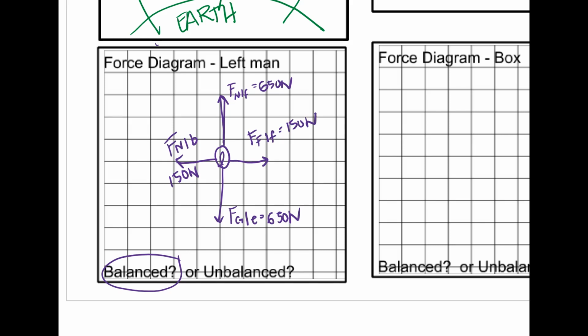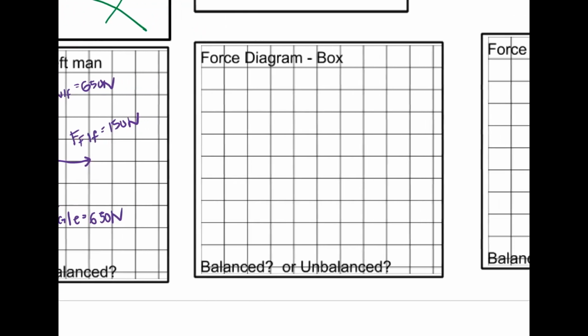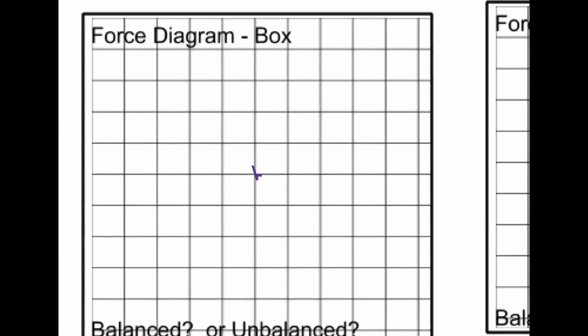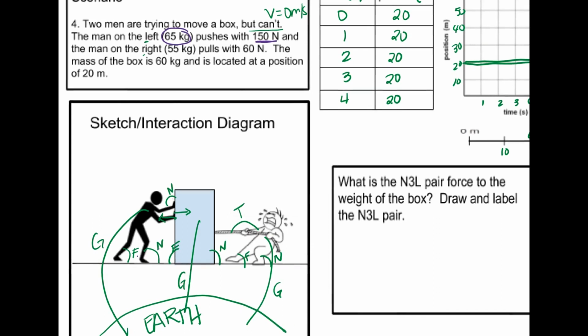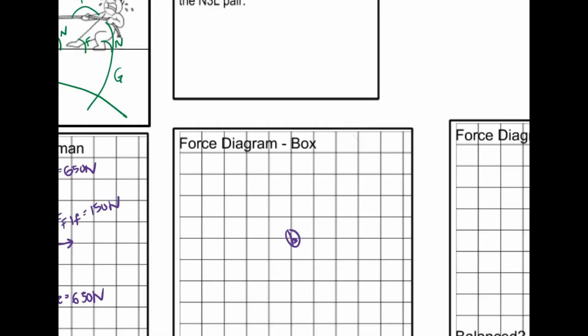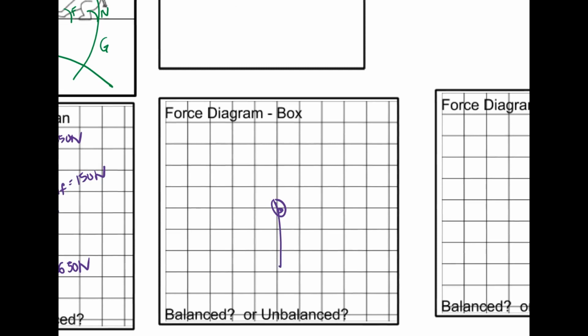Okay, so now the box. Let's see, how much does the box weigh? The box weighs 60 kilograms. So we have the force of gravity on the box with the Earth happening at 650 newtons. And then we have the force of normal on the box with the floor also happening at 650 newtons.